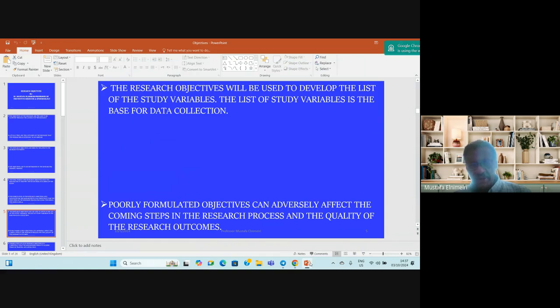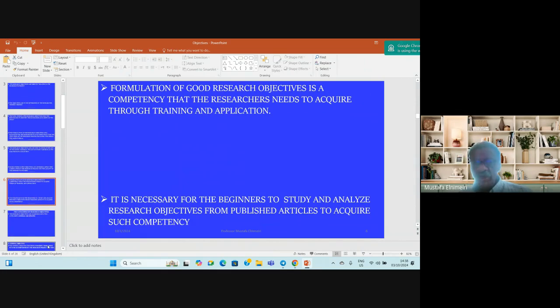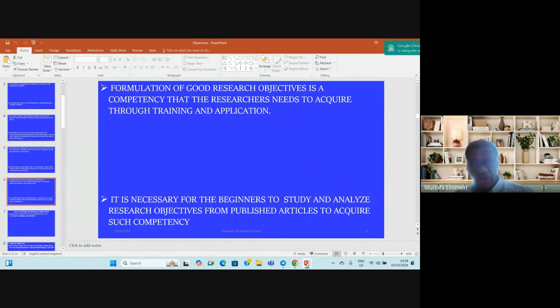Poorly formulated objectives can adversely affect the coming steps of the research process and the quality of the research outcomes. Formulation of a good research objective is a competency that the researcher needs to acquire through training and application. It is very important to state the objectives clearly. This competency needs training, supervision and application.